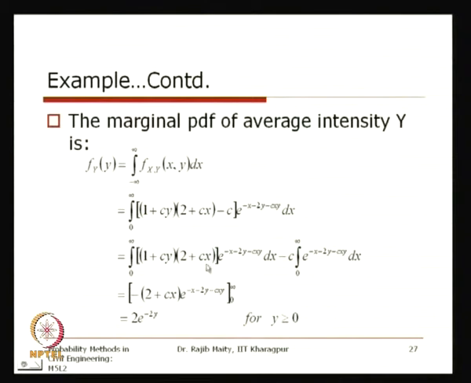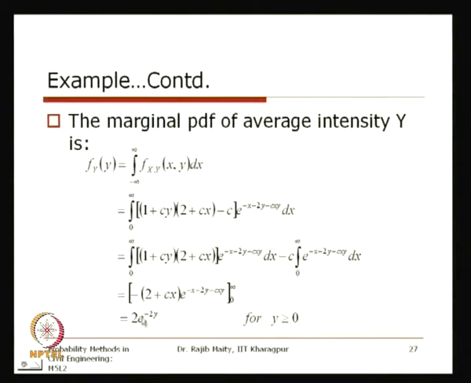And similarly, for y, the marginal PDF of the average intensity y, f_Y from minus infinity to plus infinity. If we do this integration, we will get that the marginal distribution of y is equal to 2e^(-2y). So these are the intensities. Now from here, if we want to know the CDF, then we have to integrate again from the lower extreme to some specific value of y.